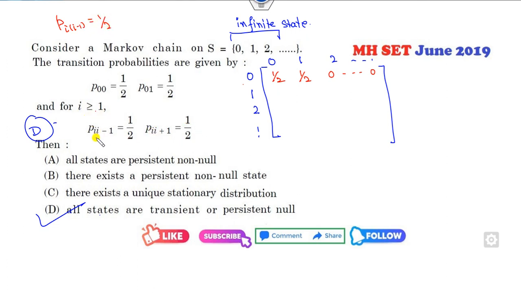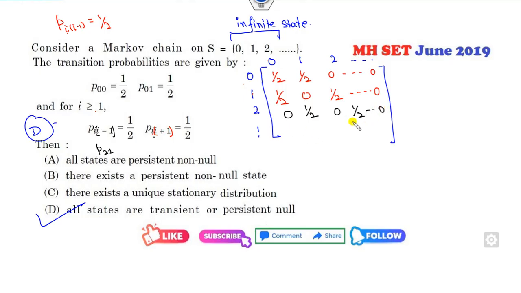When i is equal to 1, P10 is half. This is i and i plus 1, P12 is half. The rest values are 0. Then when I take 2, P21 is half, and P23 is half, 0 and so on.